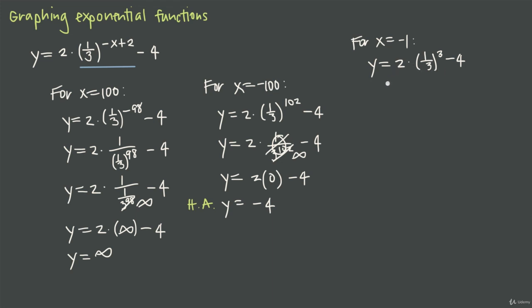When we multiply that by 2, we're going to get 2 over 27. So 2 over 27 minus 4, and that's approximately equal to about -3.93. We could come up with the fraction value, but this will make it easy to graph.